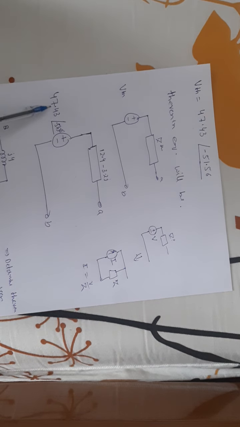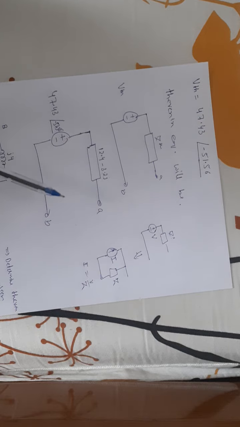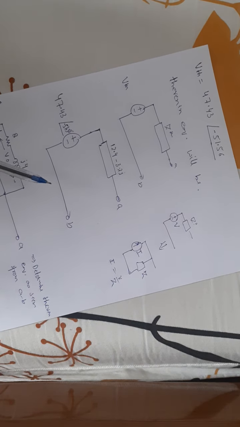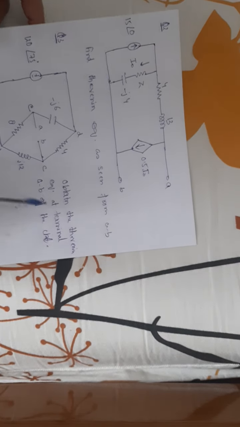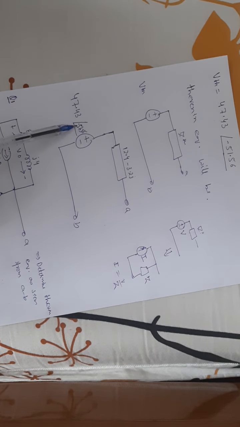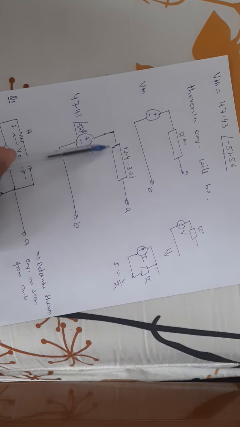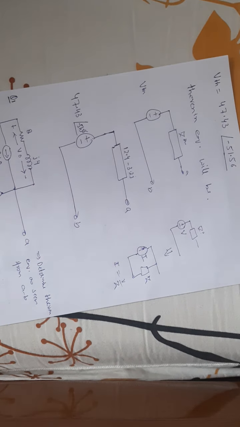VTH is 47.43 angle minus 51.56, and ZTH is 12.4 minus 3.2j. So this is the Thevenin equivalent circuit.